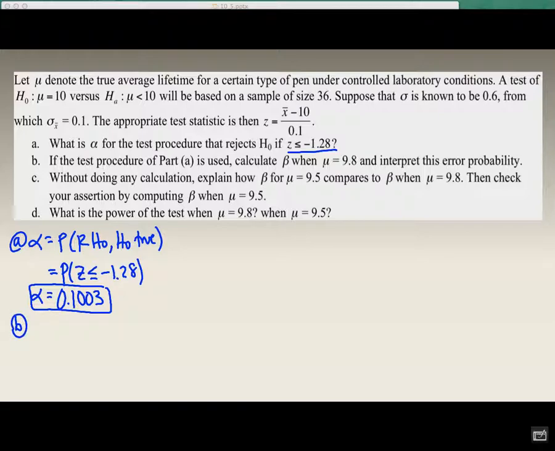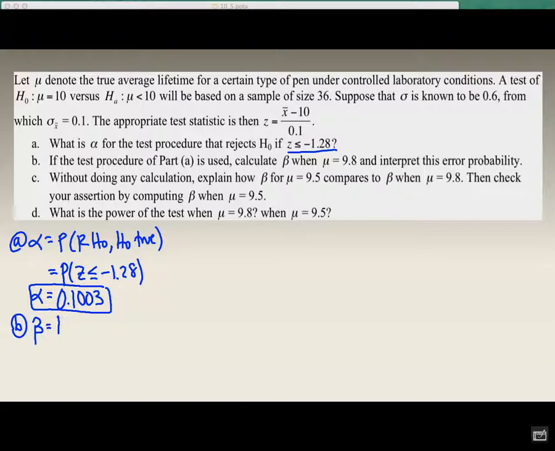B, if the test procedure of part A is used, calculate beta when mu equals 9.8 and interpret this error probability. Okay, so we need to think of what beta means.